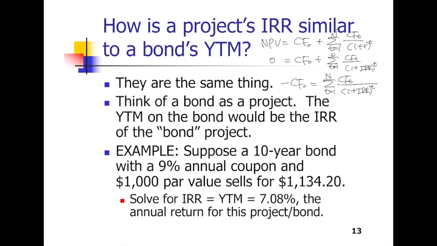So let's go with an example. Suppose a 10-year bond with a 9% annual coupon, and the par value is $1,000, and it sells for $1,134.20, right? And we can write the equation like this: 1,134.20, that is the value of the bond here, right?